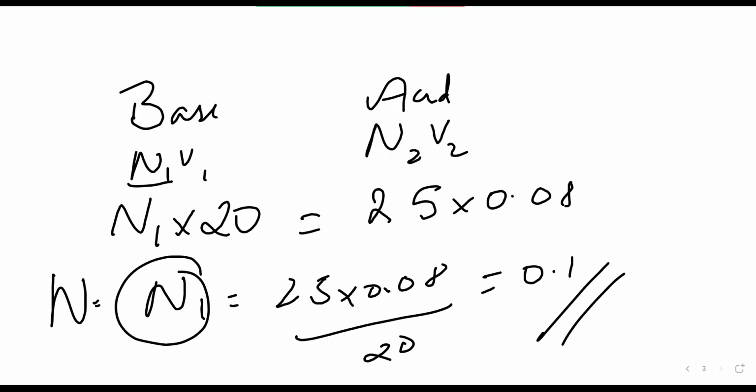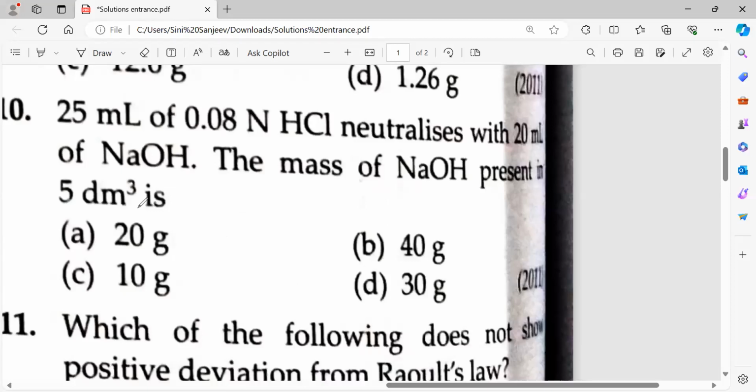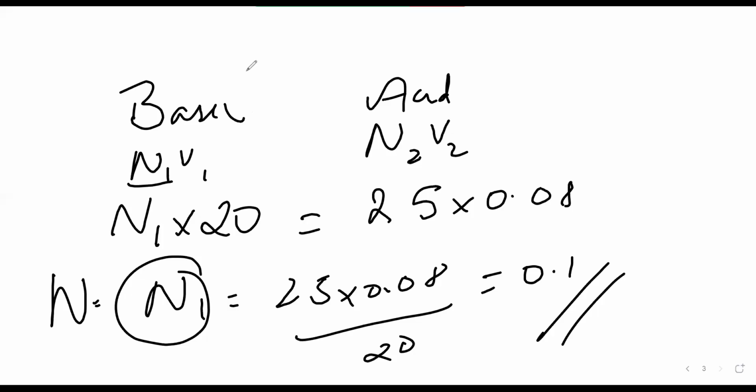Read the question carefully. The mass of NaOH, that is my base. The mass is nothing but the weight in grams. I have to find the weight. NaOH is my base, and acid is my HCl. So what is my N now?